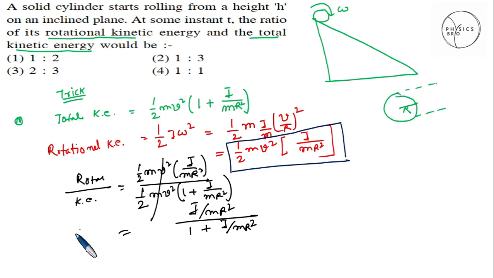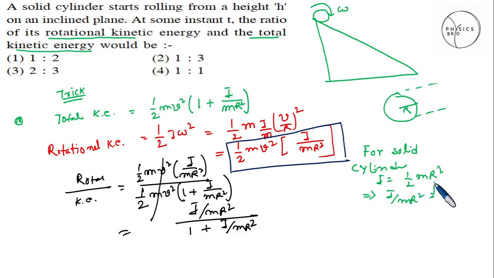So what will be the I? This is a solid cylinder, and for a solid cylinder I is half m r square. So I by m r square is just half.